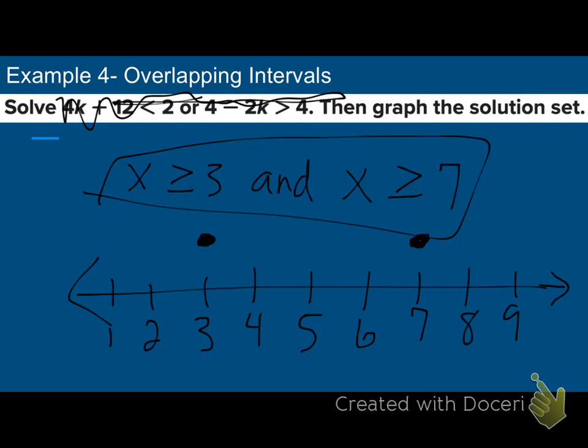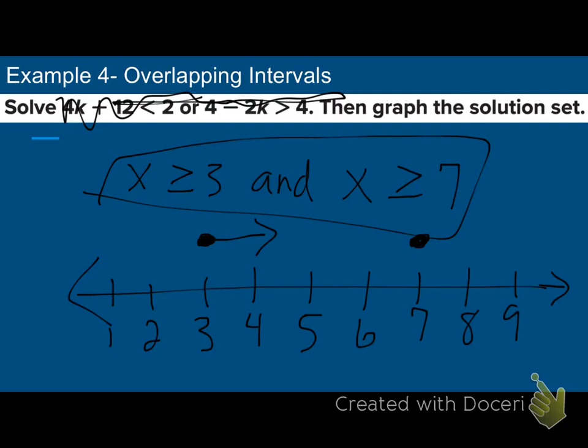Previously, before spring break, all of our AND compound inequalities were graphed and shaded between our 2 points, correct? Because that's where the overlap of those 2 graphs were. This is still an AND compound inequality. I still want the overlap of the 2 graphs. For x is greater than or equal to 3, would I be shading to the left or right of 3? To the right.